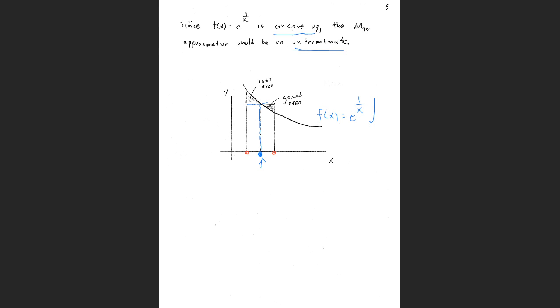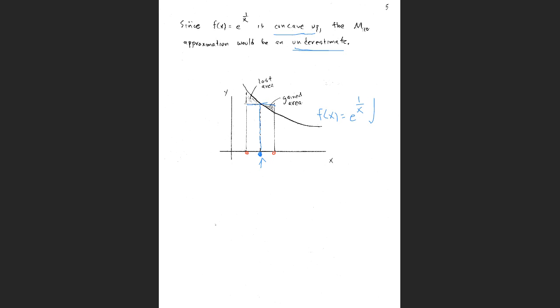Okay, and when we add up the rectangles using the midpoint rule, how does the area that the rectangles give us relate to the area that we're looking for?